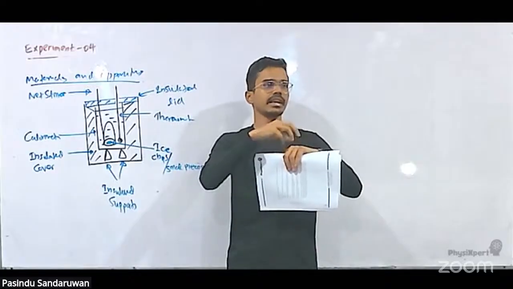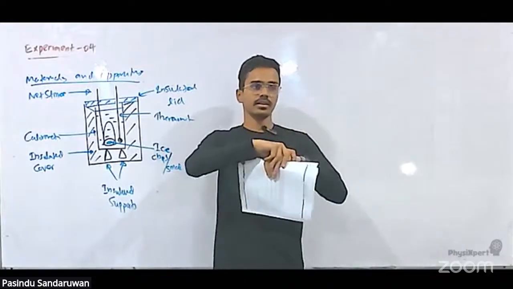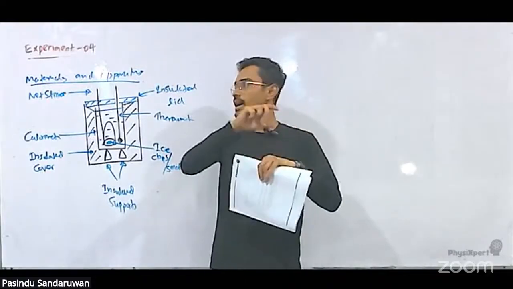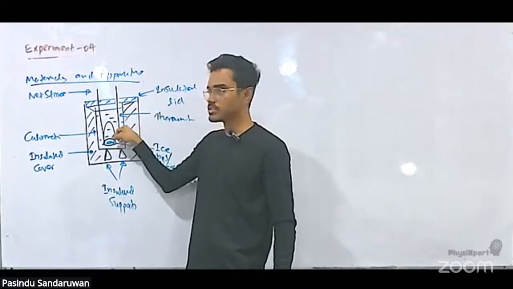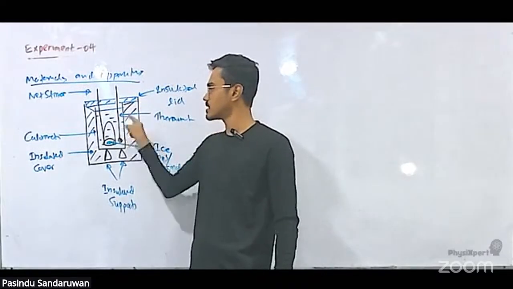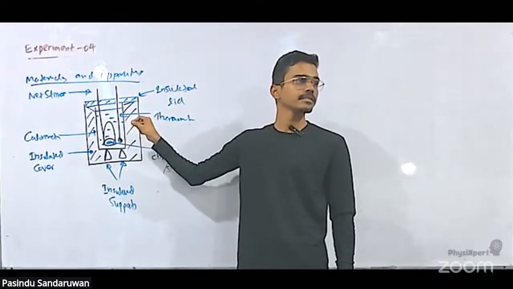Then only one piece at a time is added to the calorimeter. There is an initial amount of water inside the calorimeter.